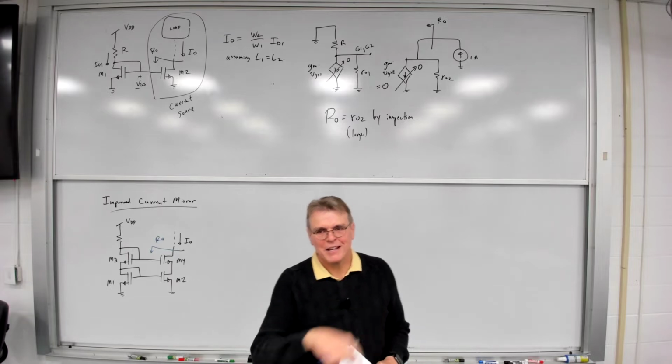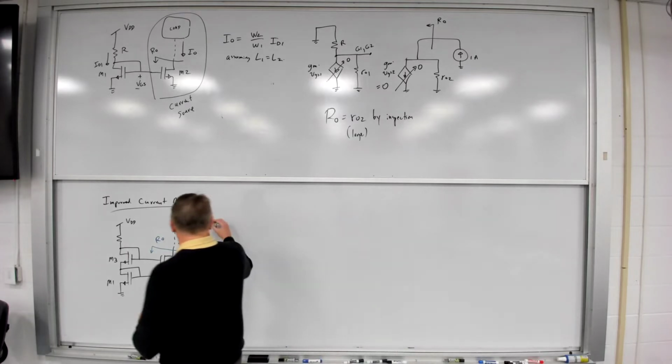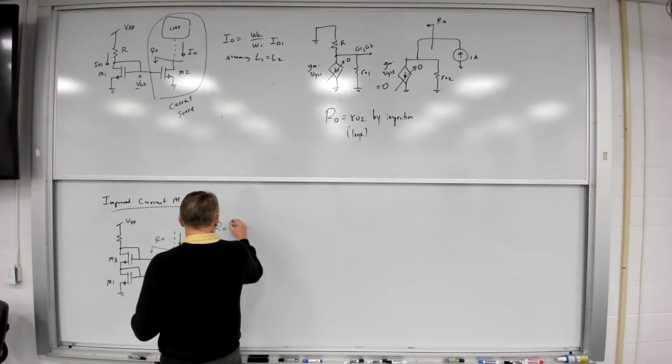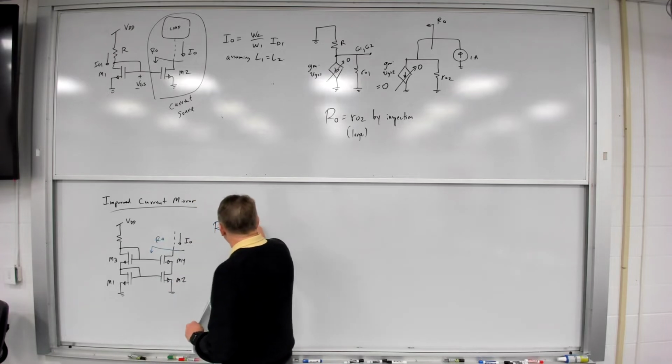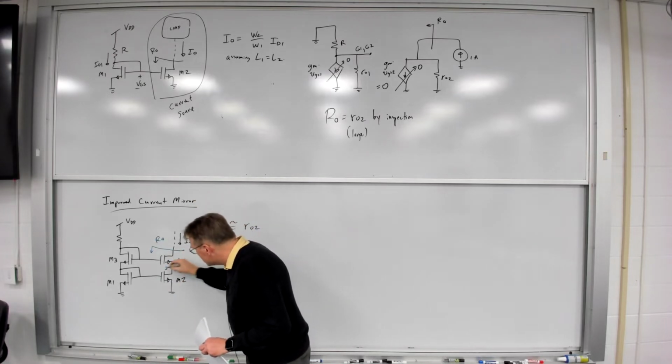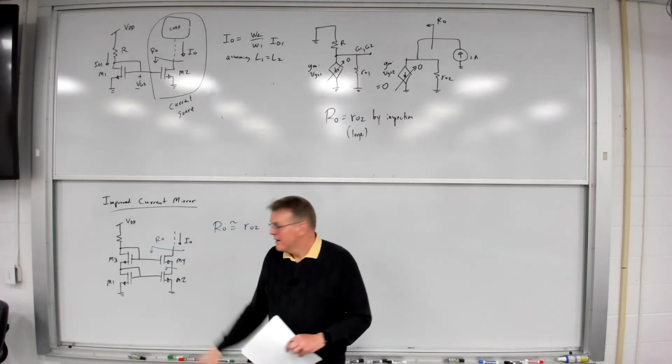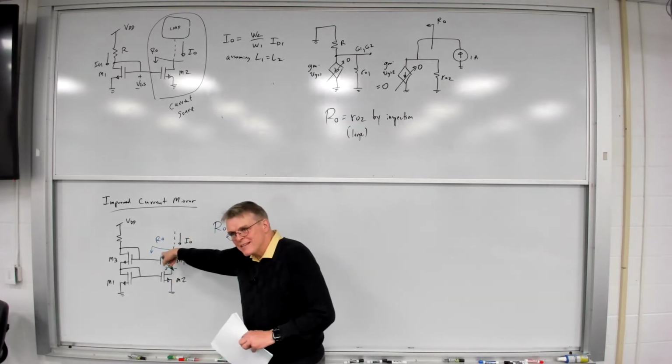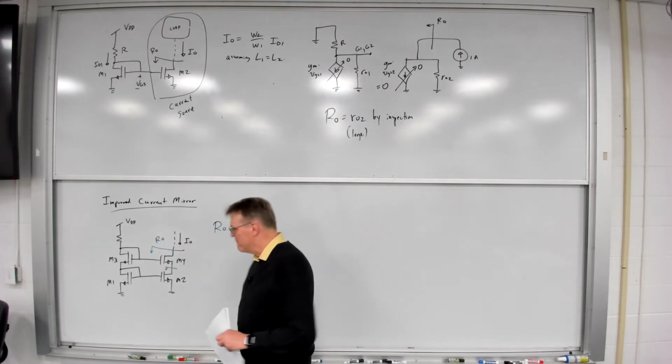Well, look at your cascode analysis we did last time. R sub O will be effectively equal to R02, the resistance seen looking down into M2, multiplied times the gain, the intrinsic gain of the M4 transistor.